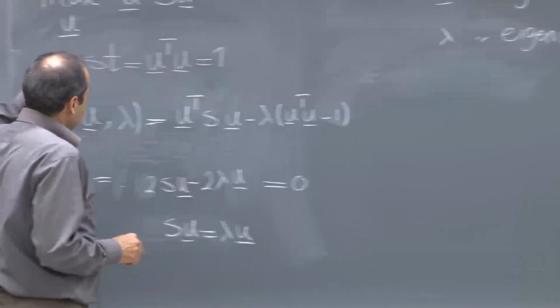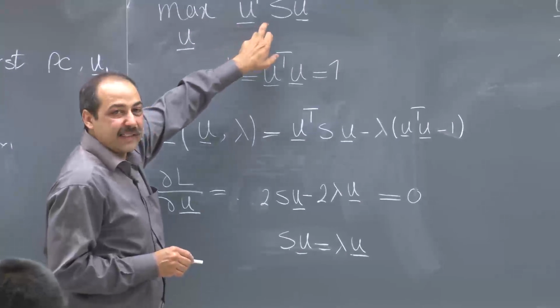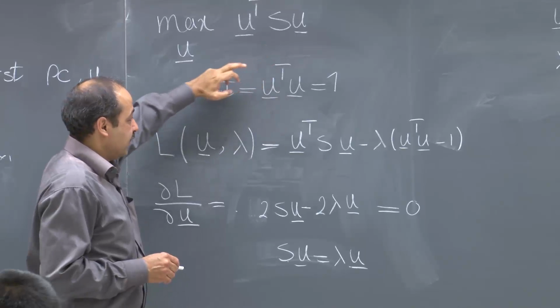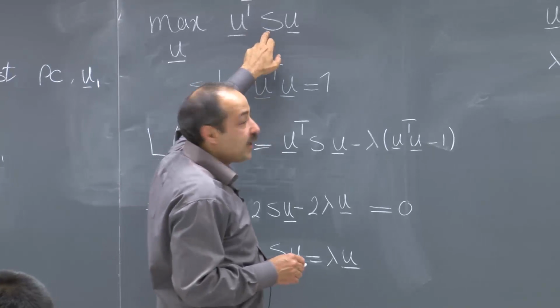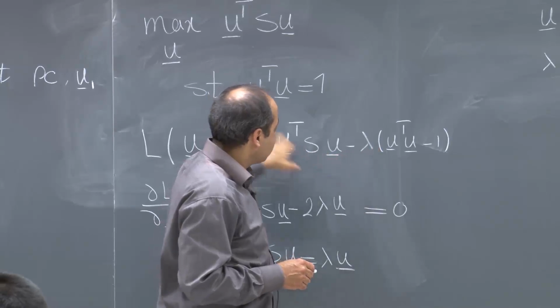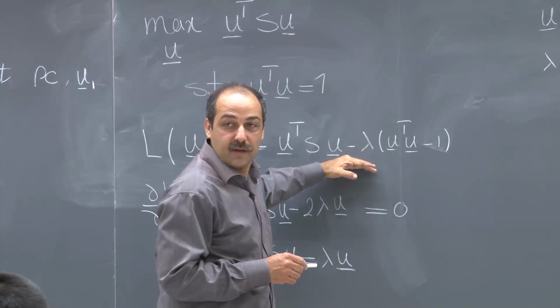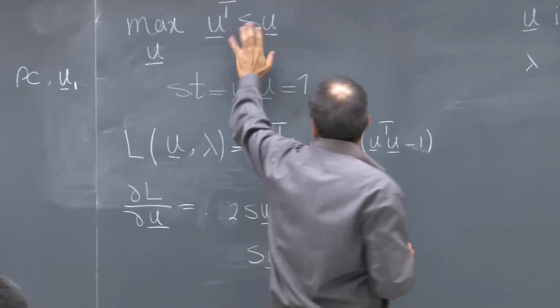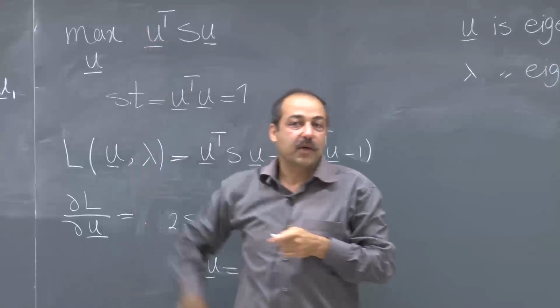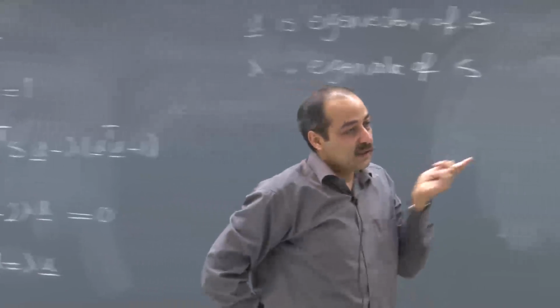So let's get back to our problem. I wanted to maximize this. I realized that if I find an eigenvector of S and eigenvalue of S, I have a saddle point. And if it's a saddle point, it should be a solution here, should maximize my cost function and satisfy the constraint.